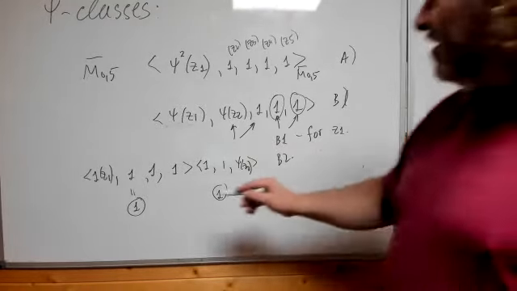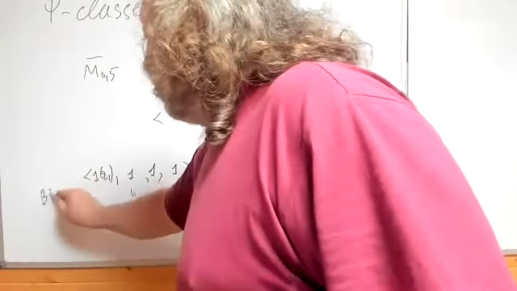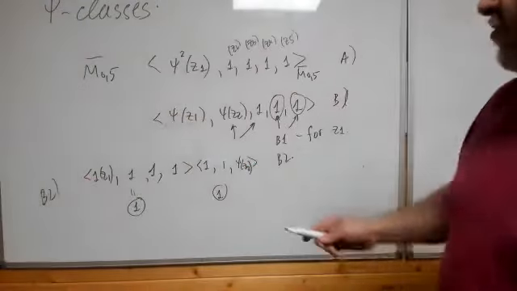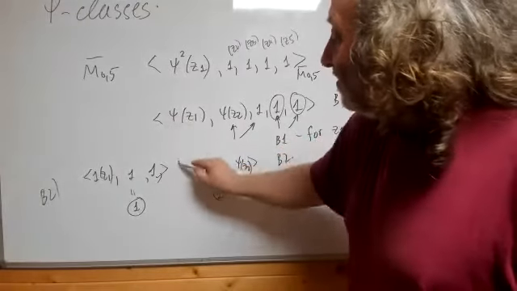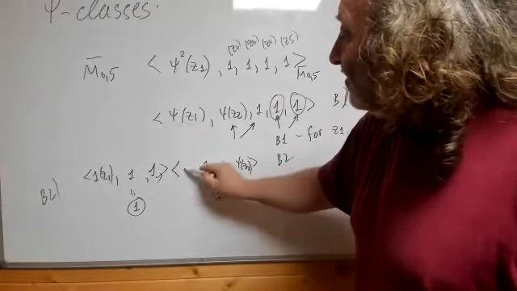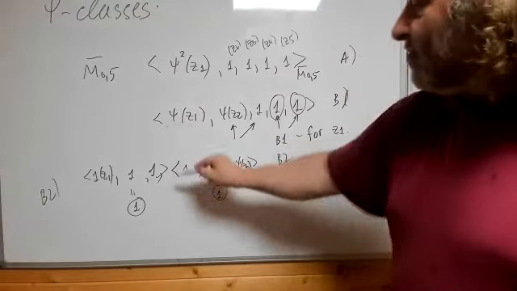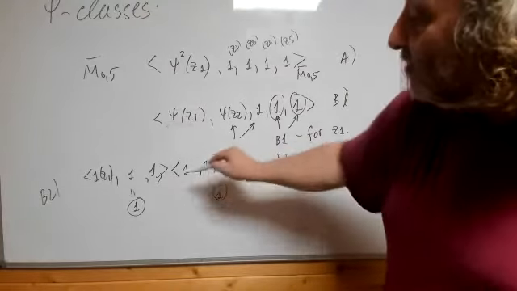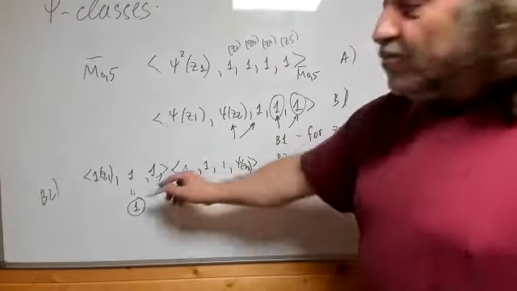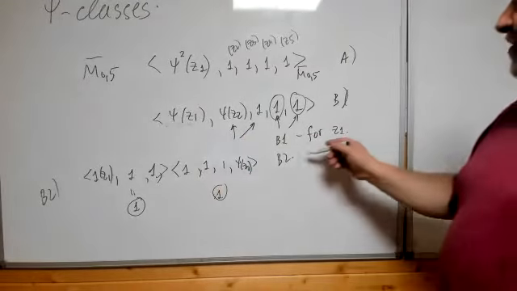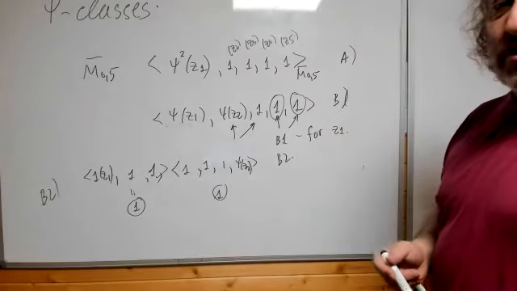So now I'm doing case B2. So it means I need to consider a situation where I'm leaving 3 points plus the neck on the second half of the sphere. Then I have 1 and 1. So that's why B1 and B2 give the same.